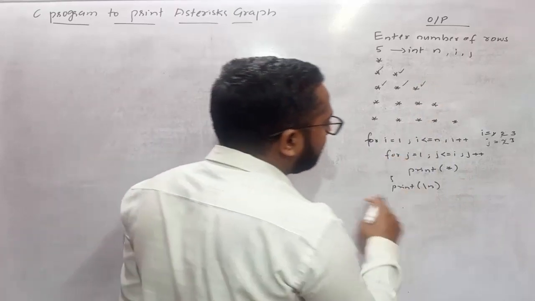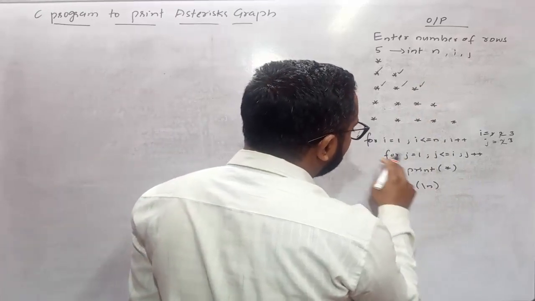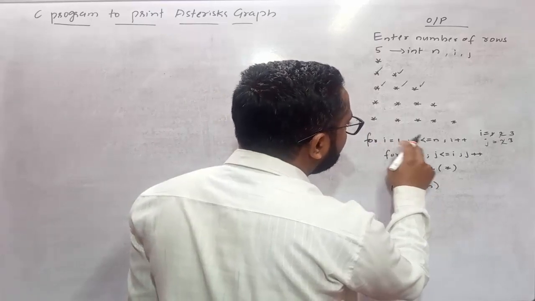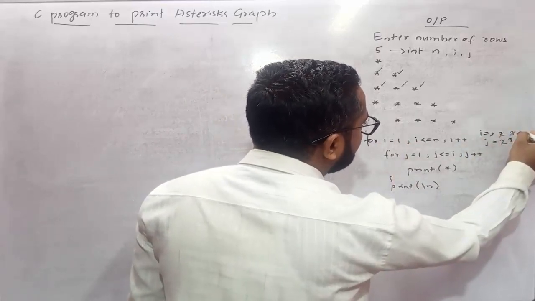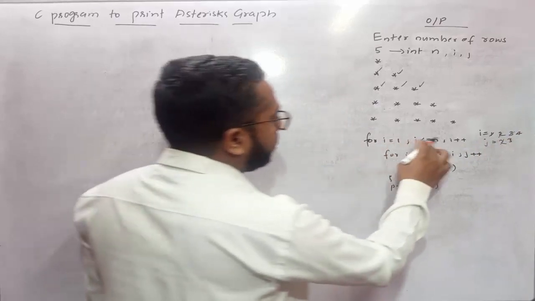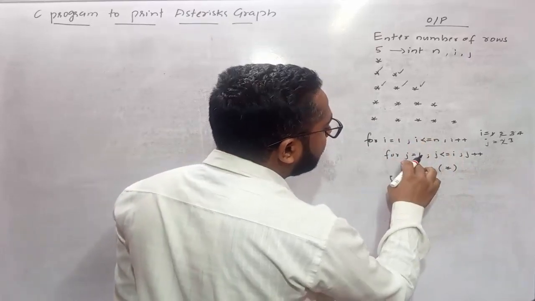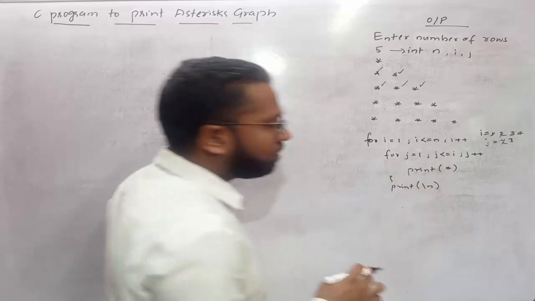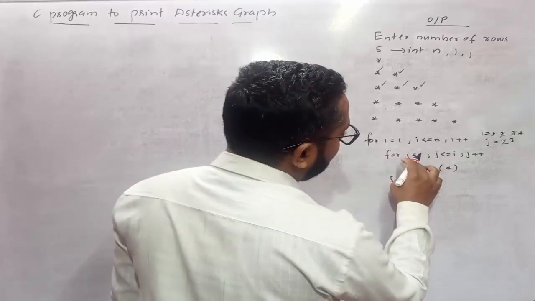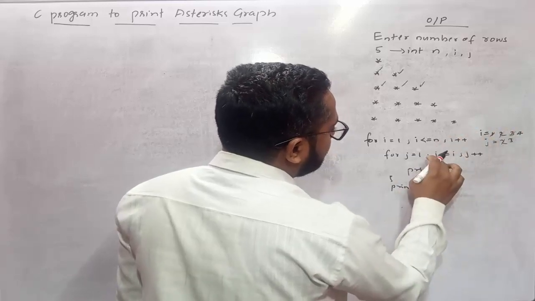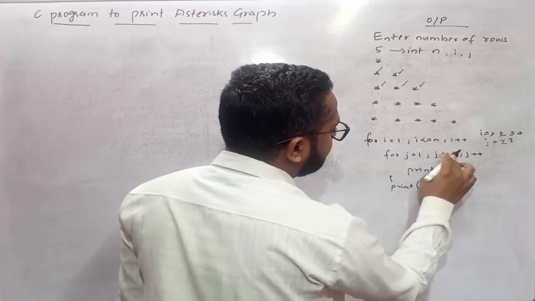Next, control will come outside the inner for loop to increment the value of the outer for loop by 1. Now i becomes 4. 4 is less than or equal to 5. Yes, the condition becomes true. That's why control will come inside the for loop. Now j is 1. The j loop will run until the value of j becomes 4. So j is 1 now. 1 is less than or equal to 4.